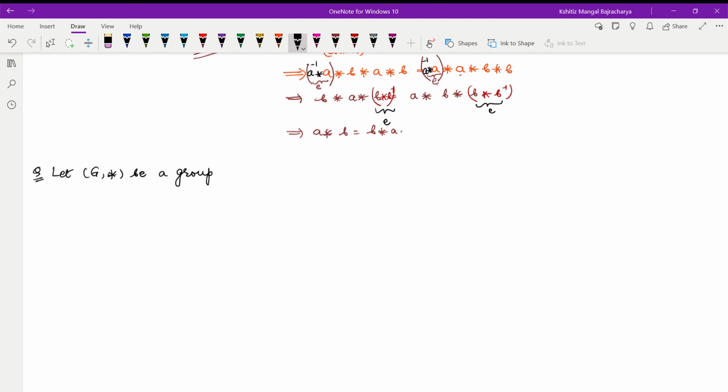Okay, we're given a group. Let every element of G be its own inverse.